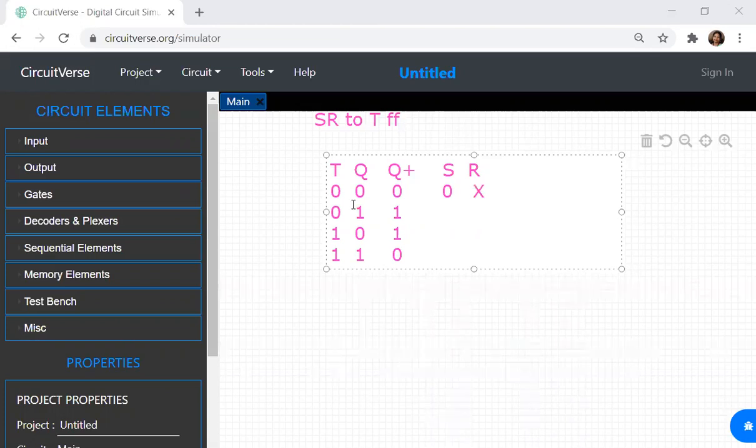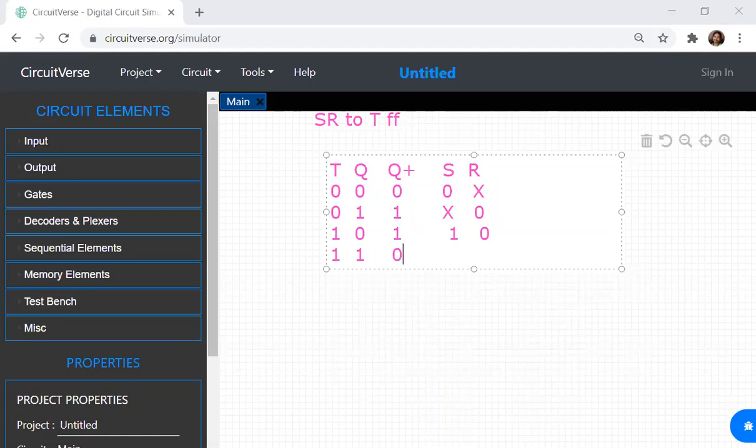If Q and Q plus are 1 and 1, what will be the combination? S will be X and R will be 0. Now if Q and Q plus are 0, 1, what is our next state? The next state is 1, that means it is a set, so this will be 1 and 0.